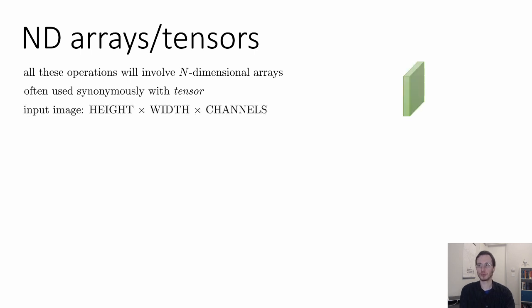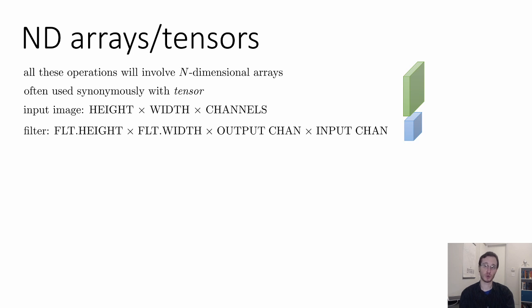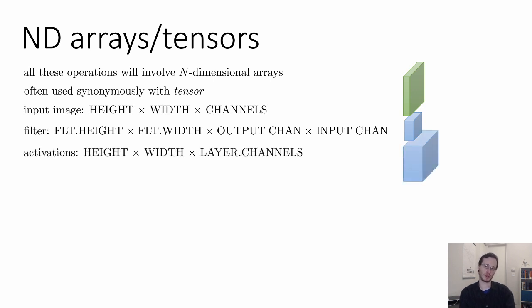For example, the input image would be a three-dimensional array with dimensionality height by width by the number of channels, which is usually 3 for three color channels. The filter is four-dimensional: filter height by filter width by output channels by input channels. And the activations are typically also three-dimensional: height by width by number of channels.